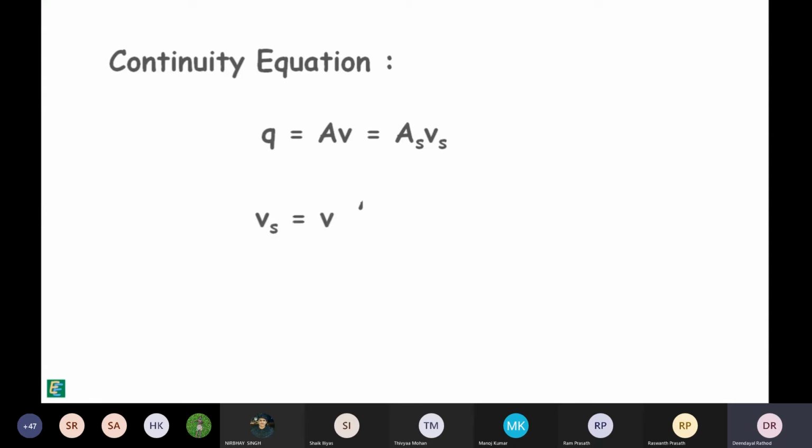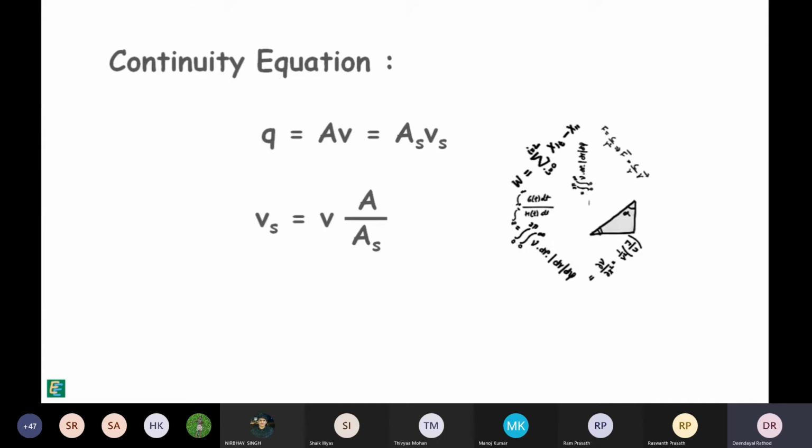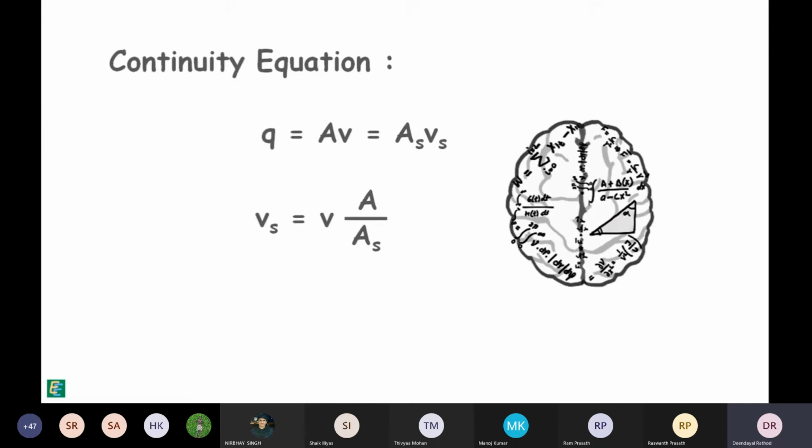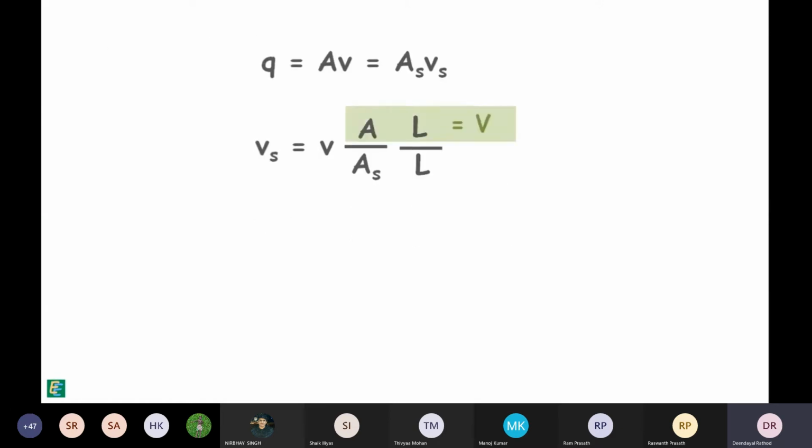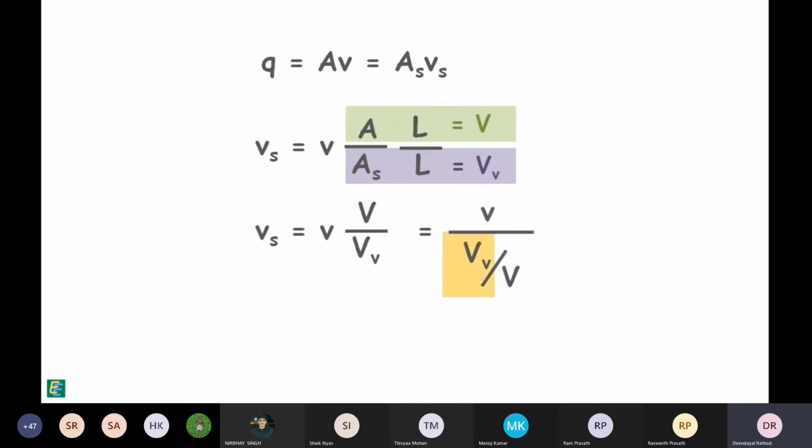We can rewrite it for pore velocity. Now let's apply some mathematics and multiply both numerator and denominator by the length of the specimen L. This is the total volume of the soil sample and this is the total volume of voids. And if we write it as this, then we can see this ratio is the porosity of the soil.